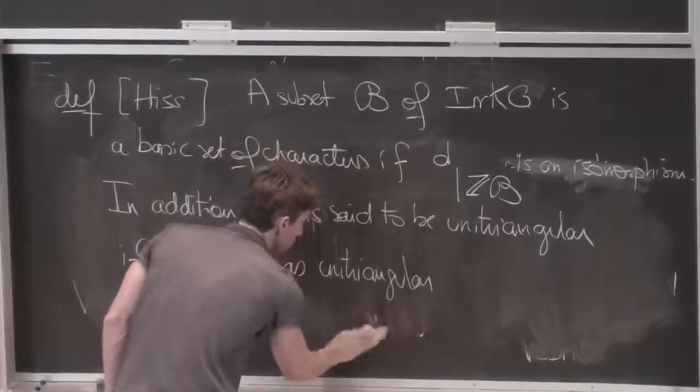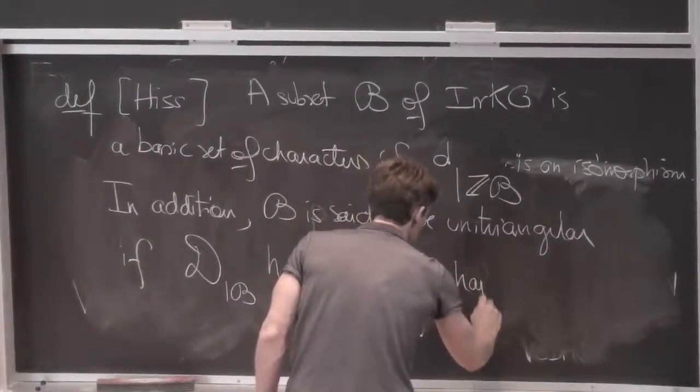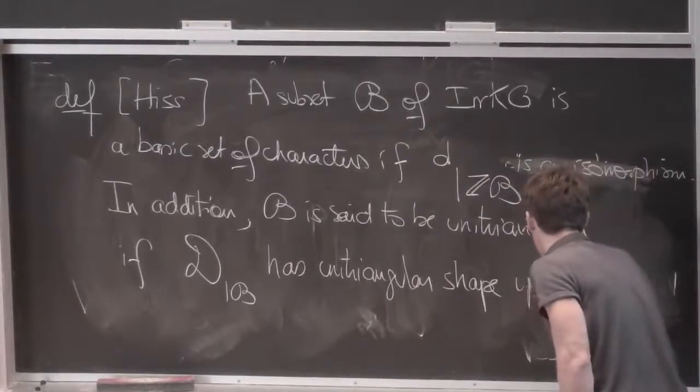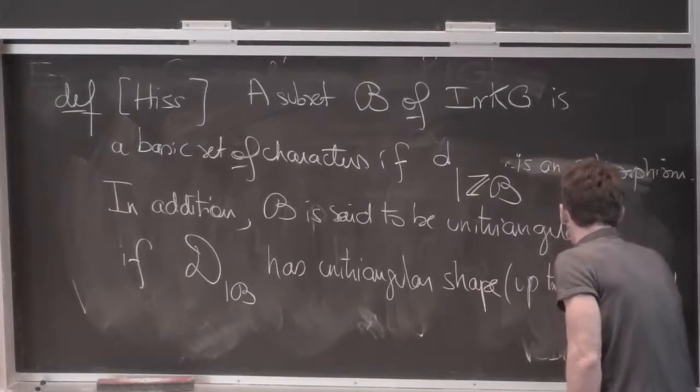So you know that it's invertible, but you want it to have this very specific shape, up to permuting the rows and the columns.